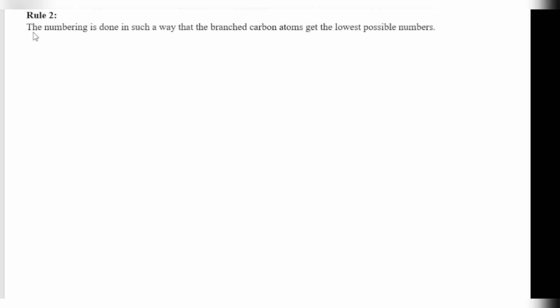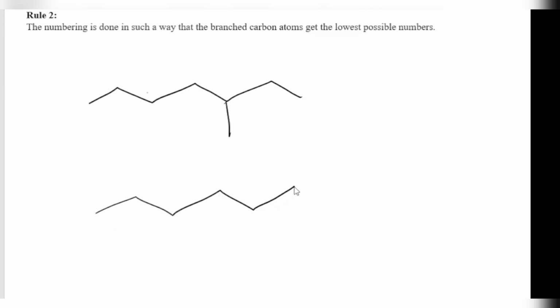We'll move on to the next rule, that is, the numbering is done in such a way that branched carbon atoms get the lowest possible numbers. Now I will discuss this point by taking one example. Suppose here is the molecule. This is the simple molecule I have taken over here. The same molecule I will write over here also.